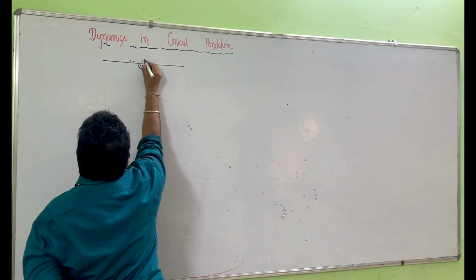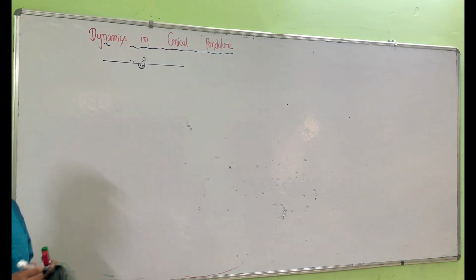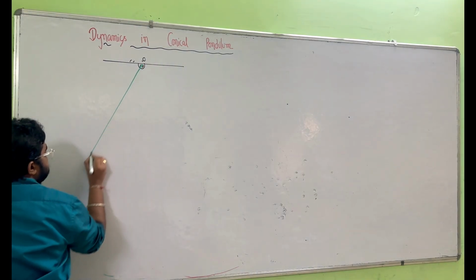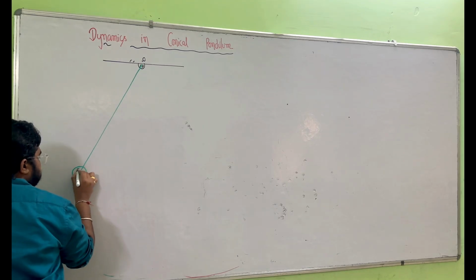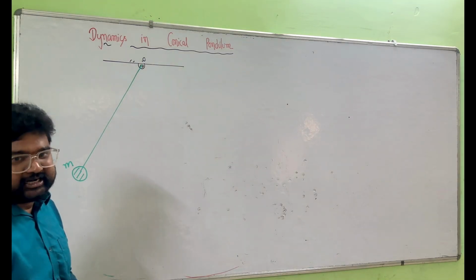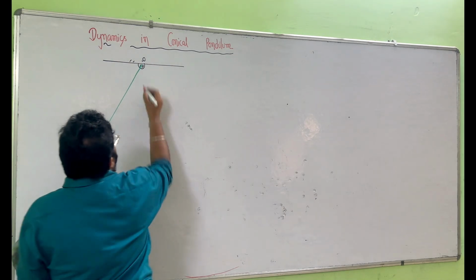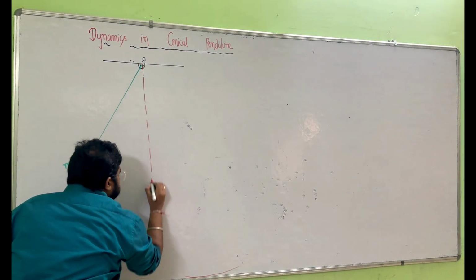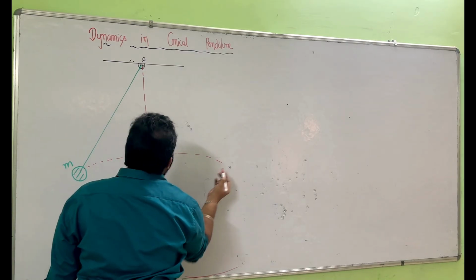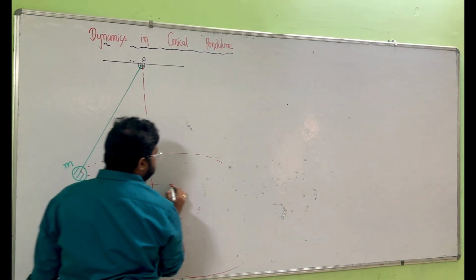This is the pivot point O. See here, M is the point mass. Understood? It follows a circular path. This point follows the circular path.